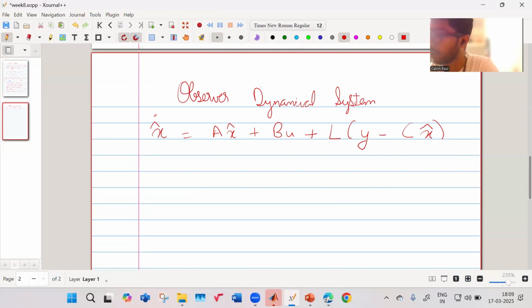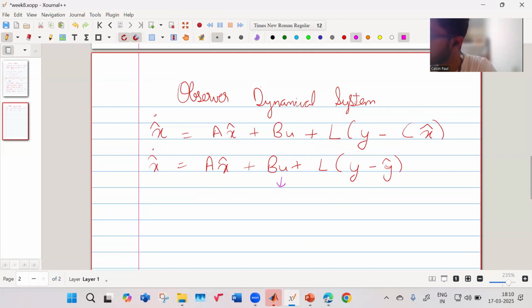Or your x hat dot is actually A x hat plus B u plus L into y minus y hat. So if you observe carefully, this is your input to the system, this is your output of your system, and this is the output of the observer, the estimated output of your observer.